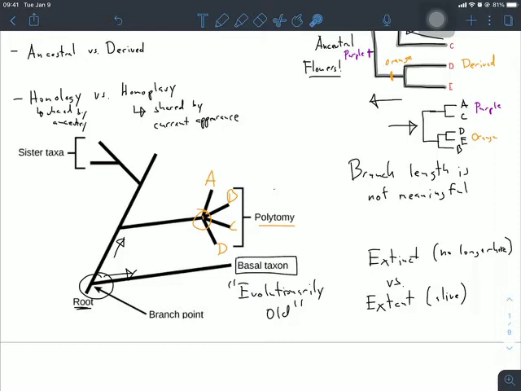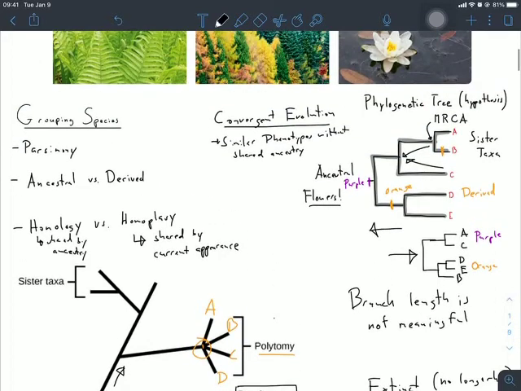Their evolution has not frozen in time. They will not resemble exactly our extinct plants. They may have a lot of clues in their morphology as to what were some of those shared ancestral characteristics. So this is some of the terminology surrounding how we build our phylogenetic trees.